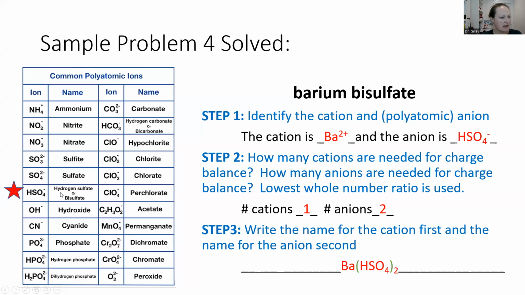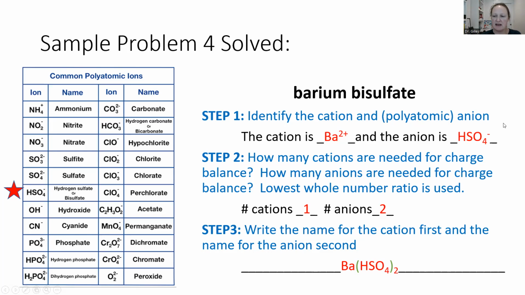Sometimes it's called hydrogen sulfate, right, or bisulfate. If you were putting the name into Canvas, either one would be accepted. Either one is listed as a correct answer. But if you were writing hydrogen sulfate instead of bisulfate, you would need to put a space between hydrogen and sulfate. Okay, so anyway, the formula for that is HSO4-.